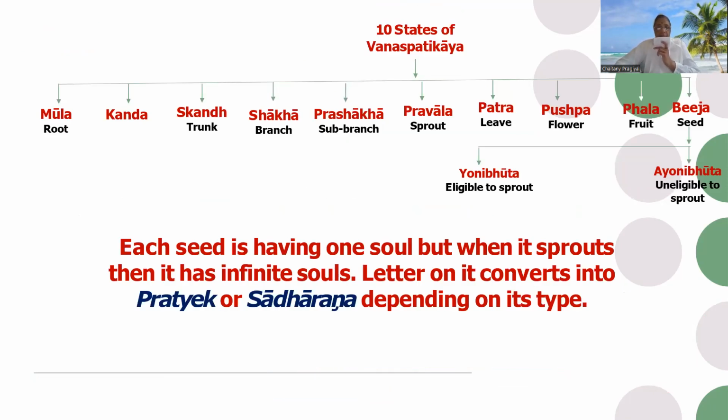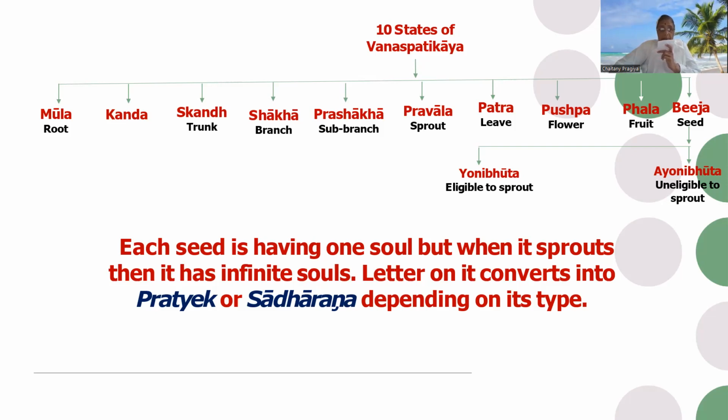Now we will see that those vanaspatis which are recognized as different types of trees also have 10 types of living beings. You can see here, if one tree is growing, then it has its own root. The root is one part which is also living.